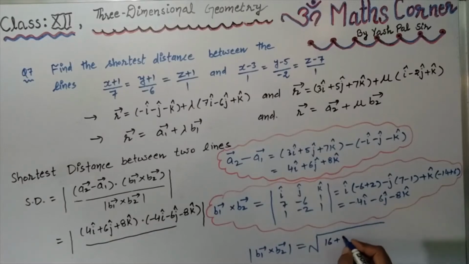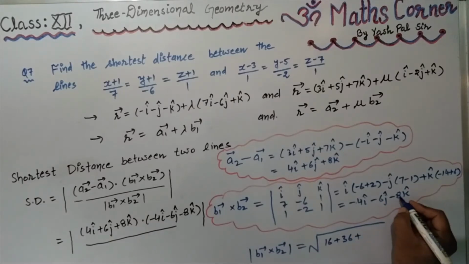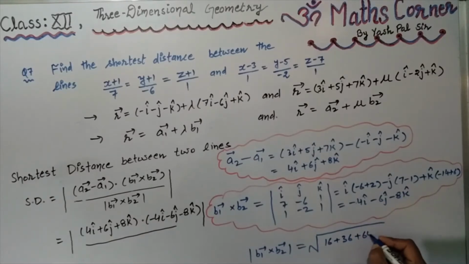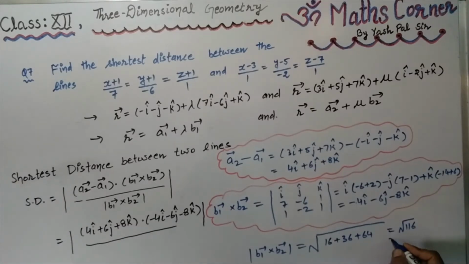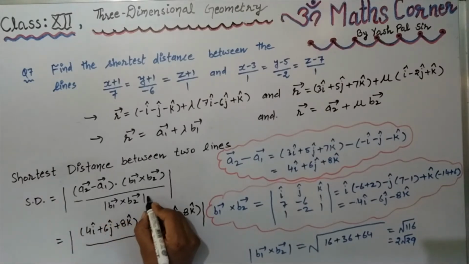Or simply we write minus 4 squared is 16, plus 6 squared is 36, plus 8 squared is 64, which is 116. The square root of 116 is equal to 2 square root of 29. So this value will be inserted here.